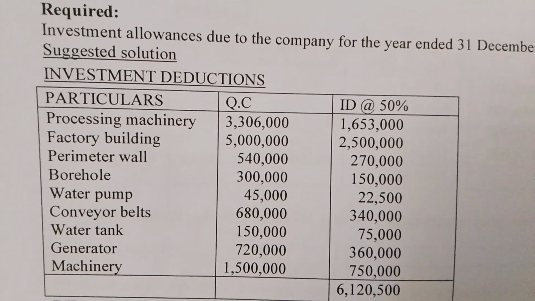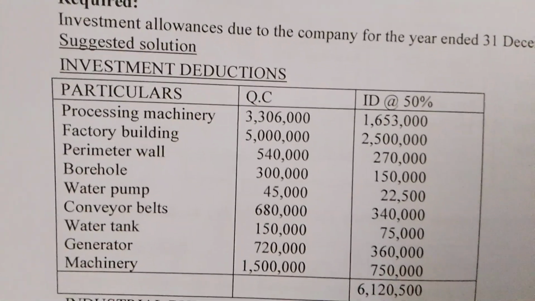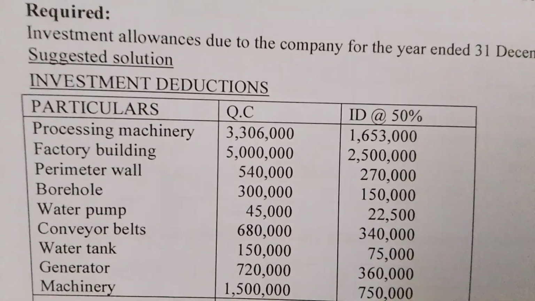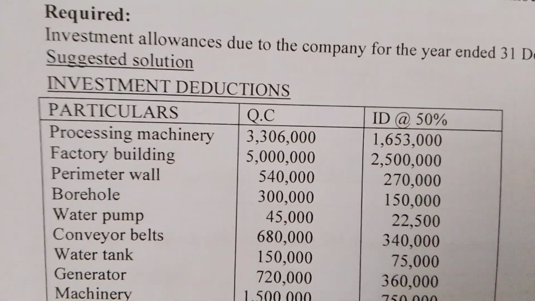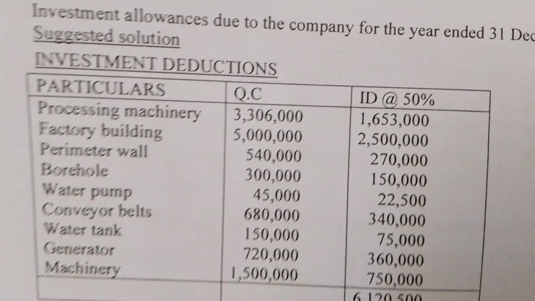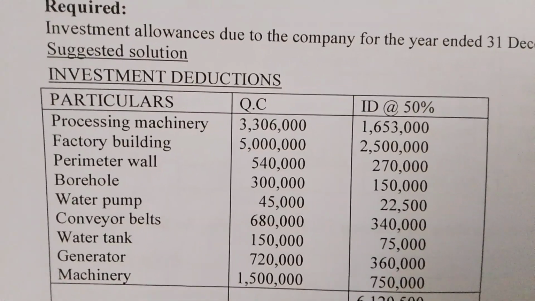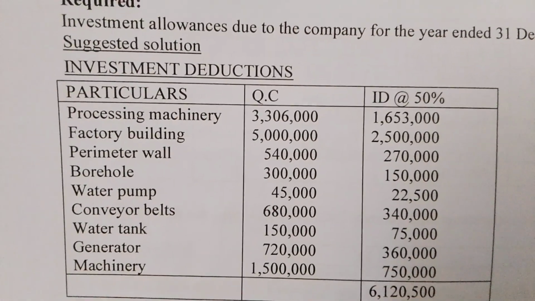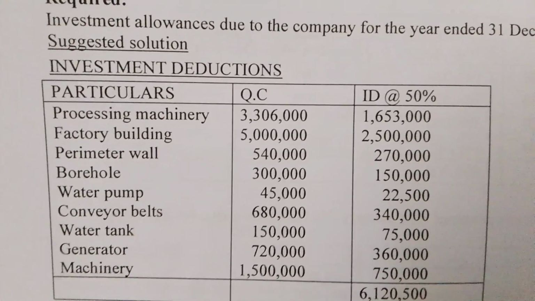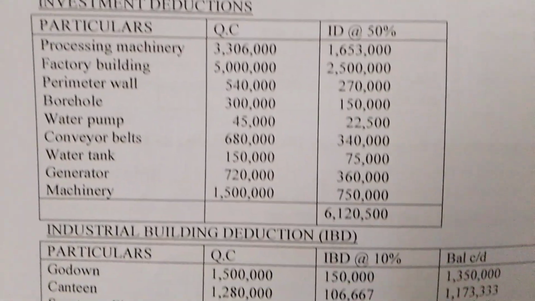These are buildings where manufacturing takes place, or machines which help in manufacturing. We grant capital deduction at 50% times the qualifying cost. That was the first step.